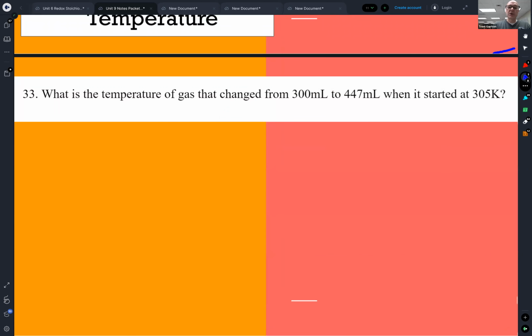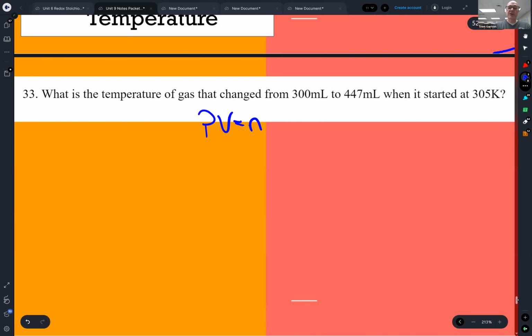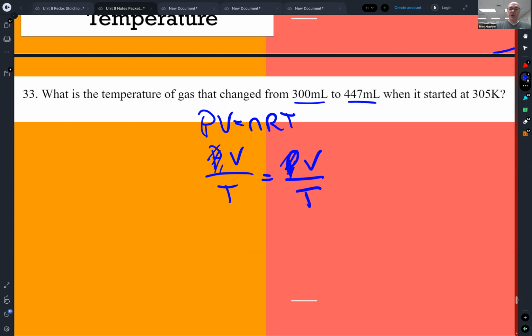So how do I know it's not PV equals nRT? Because I look at this and I've got two volumes. That tells me I'm going to be dealing with the combined gas law or some version of it. Now, I don't see any pressure mentioned, so we can get rid of pressure and I have V over T. My first volume is 300.